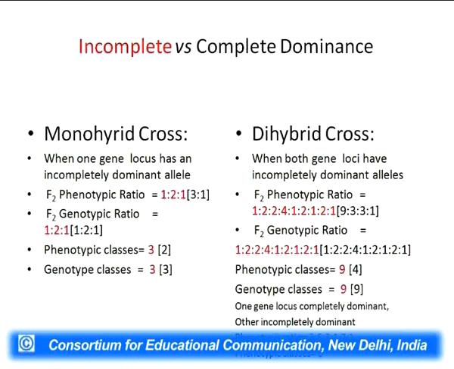And the genotypic ratio of an incompletely dominant organism would also be the same as the phenotypic ratio. The number of genotypic classes and the phenotypic classes for a dihybrid would be 9 each, whereas the figure was 4 and 9 in a normal Mendelian ratio. There are very interesting facts.